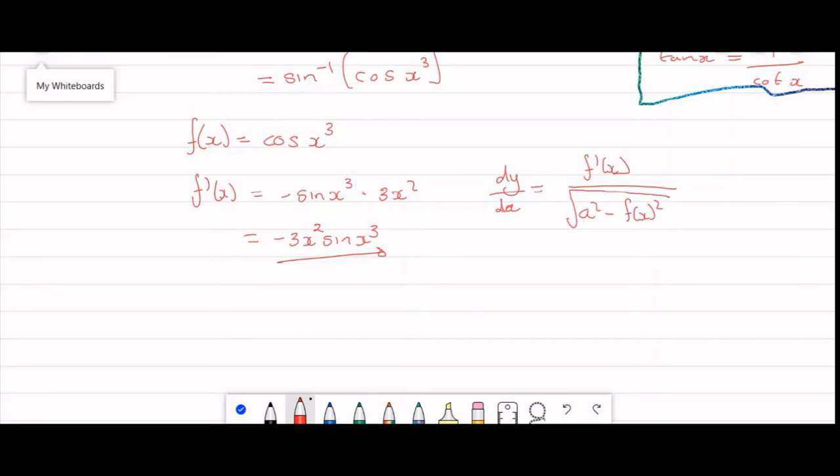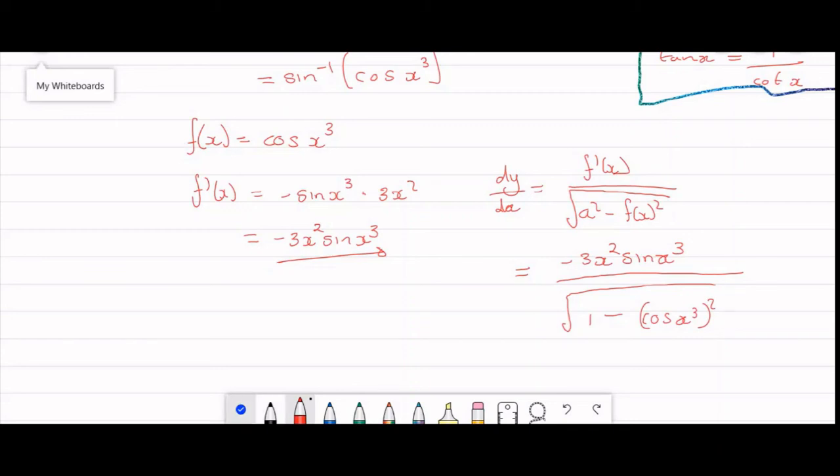So now we're going to substitute our f prime x, which is negative 3x squared sine x cubed, over 1 minus our f of x, which is cos x cubed squared, all under a square root.